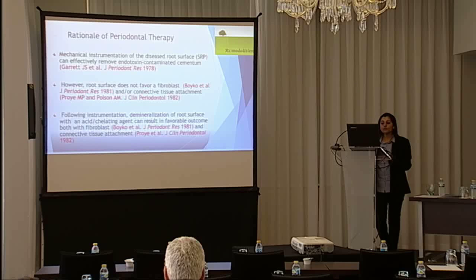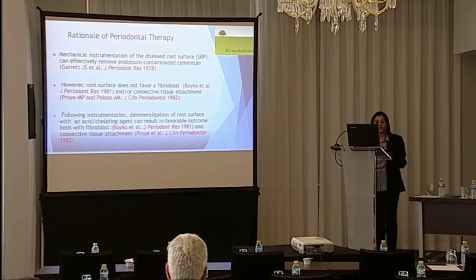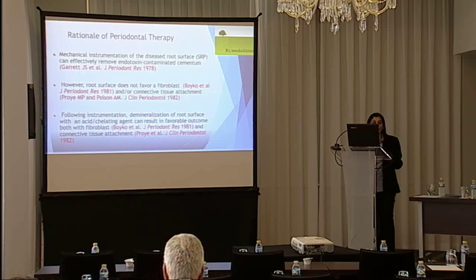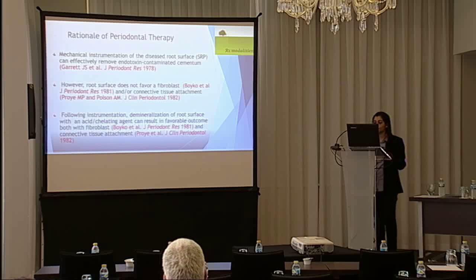However, reports by Boyko and Proyer-Poulsen have stated that the root surface does not favor a fibroblast or connective tissue attachment if only mechanical instrumentation is done. Hence, following instrumentation, demineralization of the root surface with an acid or chelating agent can prove to have an effective outcome with both fibroblast and connective tissue attachment.